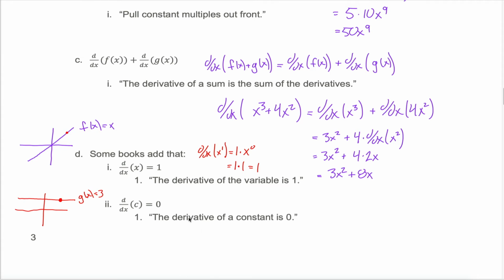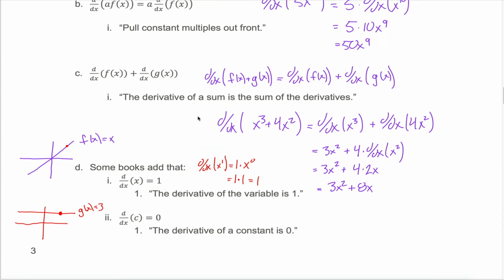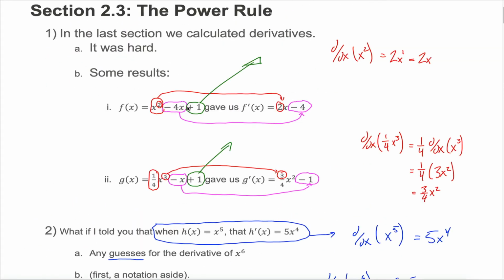Please be careful here. This is talking about a constant all by itself. So this is talking about why this plus 1 went away and didn't show up in the derivative. It's not talking about a coefficient like -4, which is a constant times some function like x, or a constant like 1/4 that's serving as a coefficient being multiplied by this function x cubed.